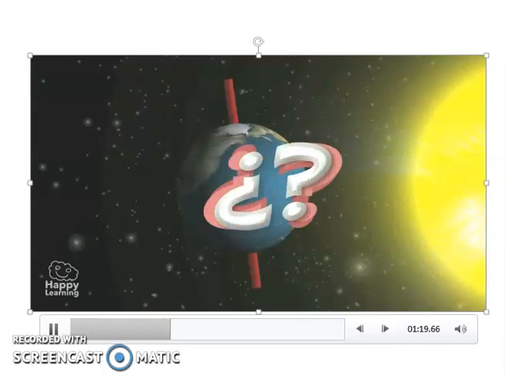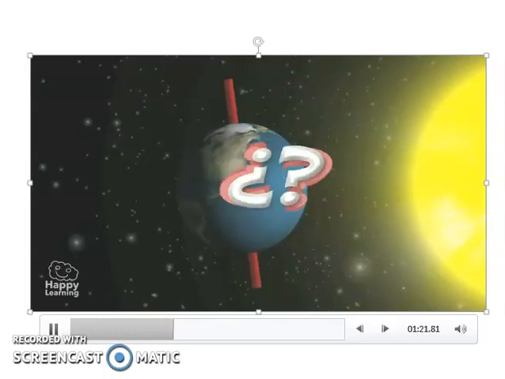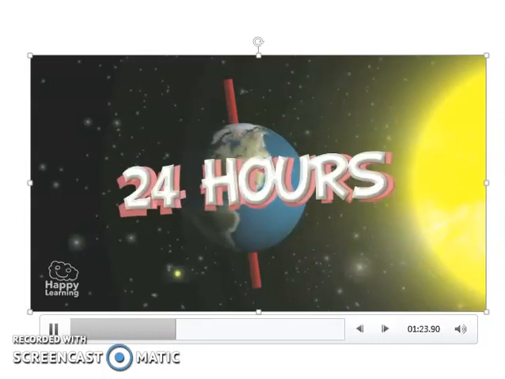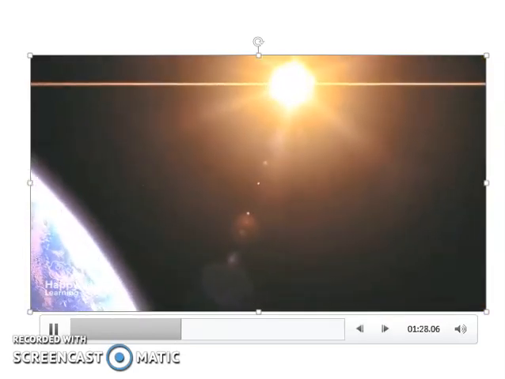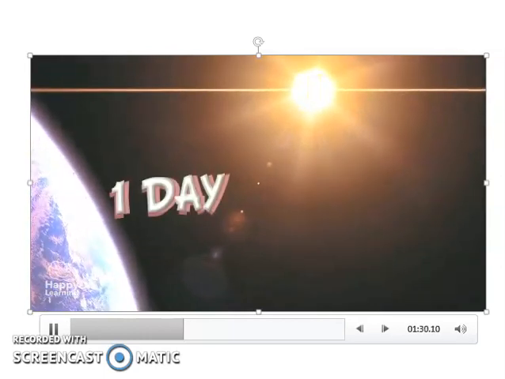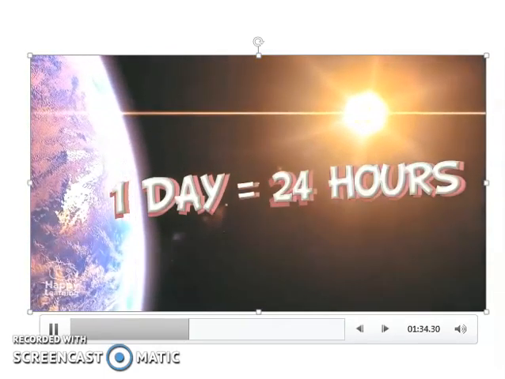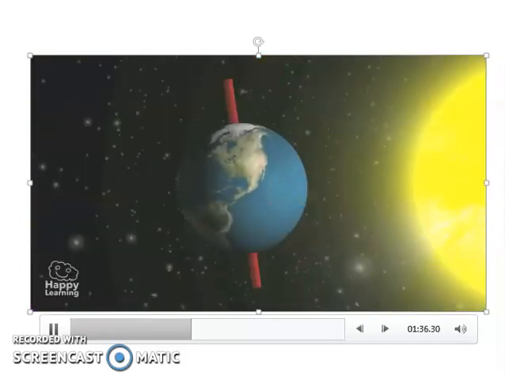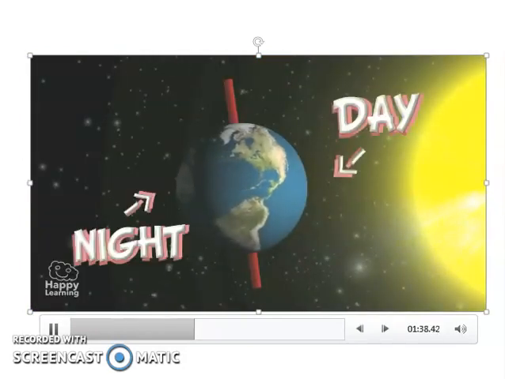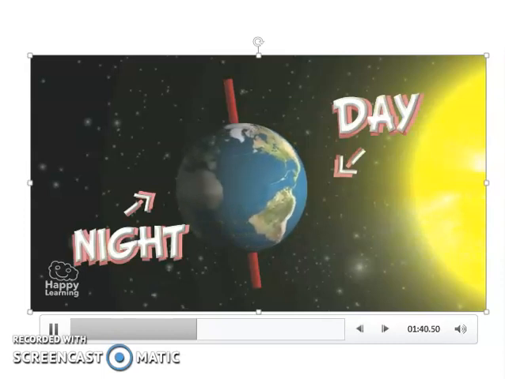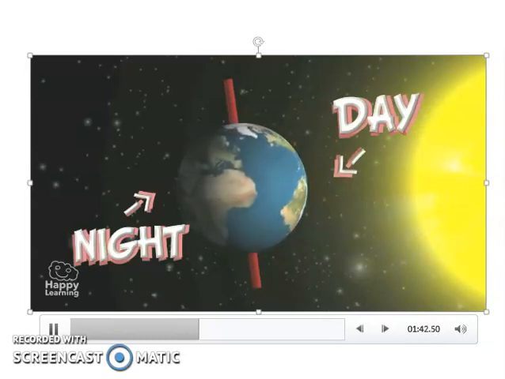Do you know how long it takes to make a complete turn? It takes 24 hours to make one rotation. Think about it for a second. One day and night together lasts 24 hours too. So the movement of rotation causes day and night. Interesting, right?